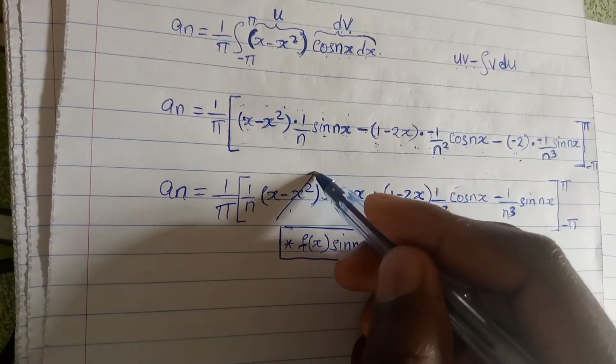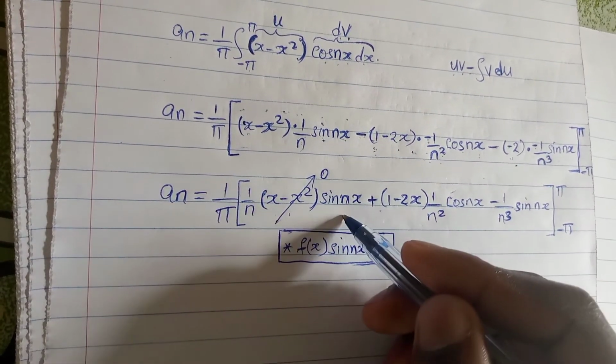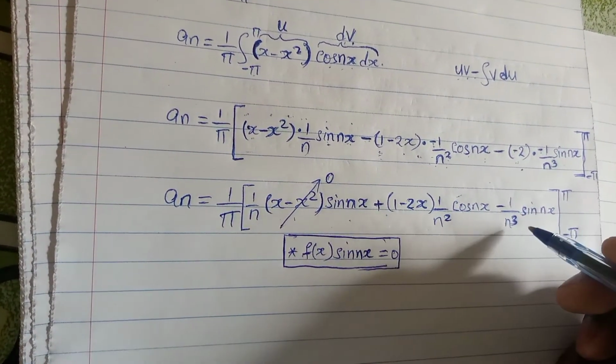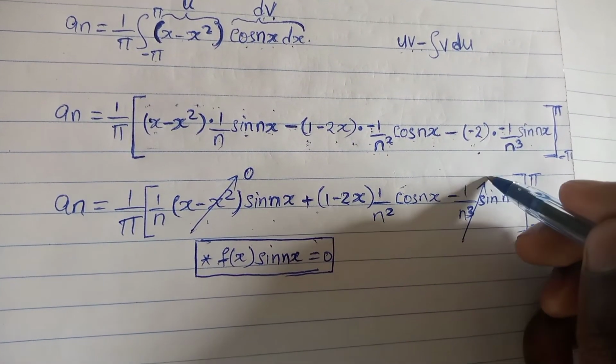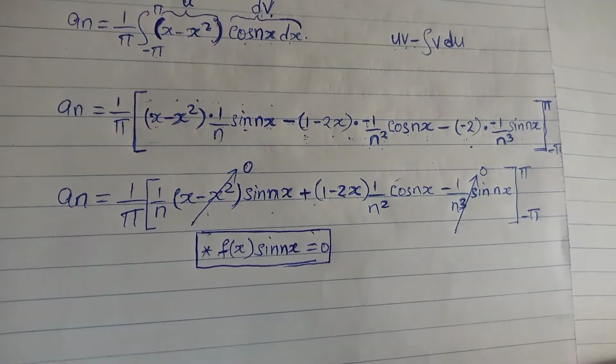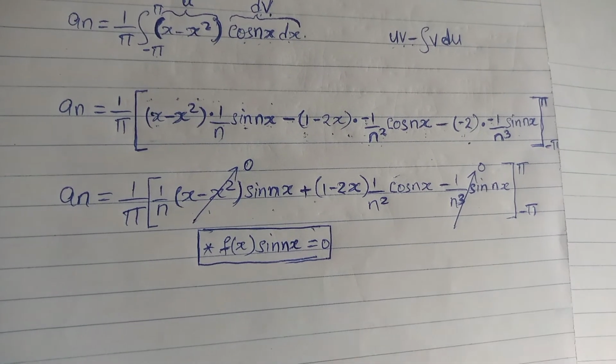So this will cancel to 0 because it has sine nx, and this other one here will also cancel to 0 because there is sine x.